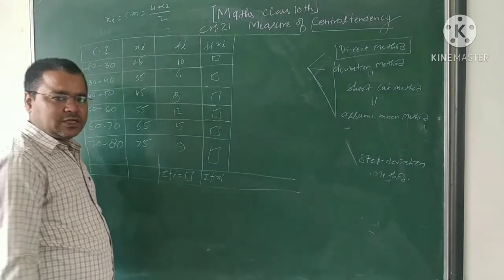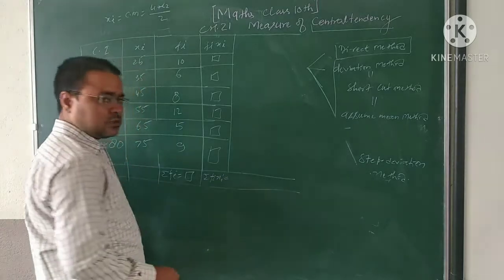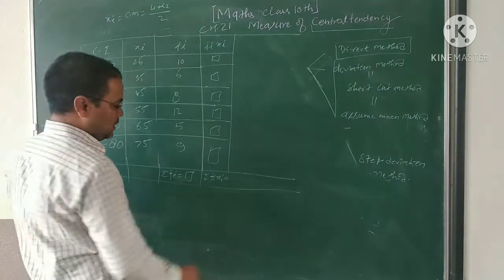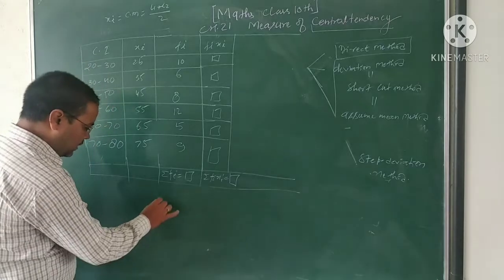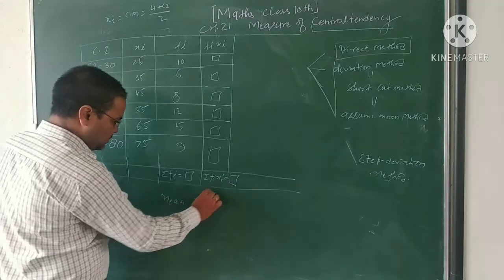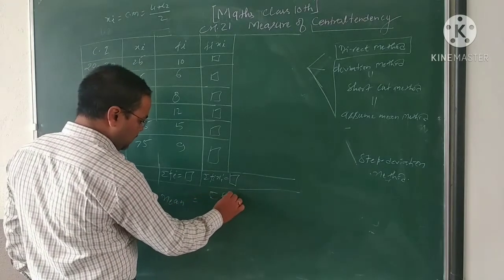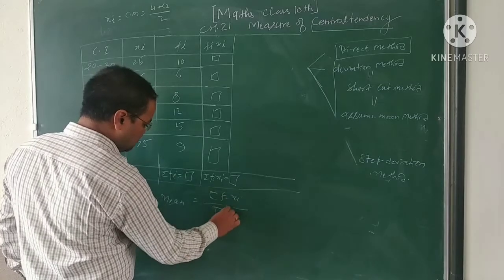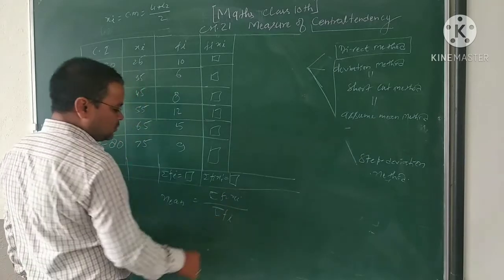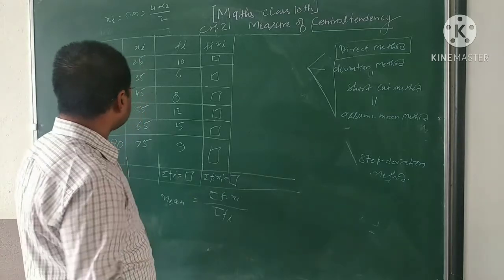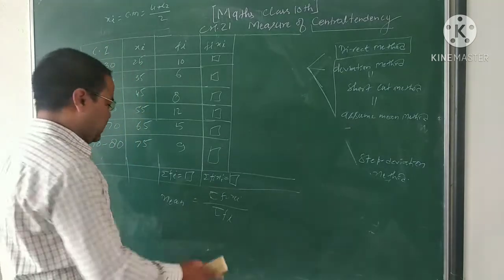Here I am explaining the theoretical portion only. I am not going to do all the things. Mean is equal to sigma fi xi upon sigma fi.